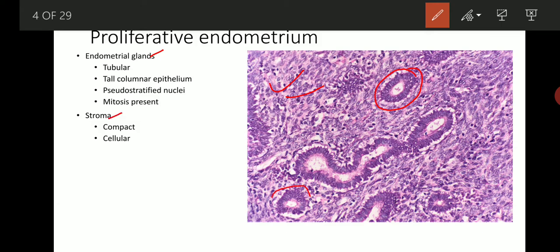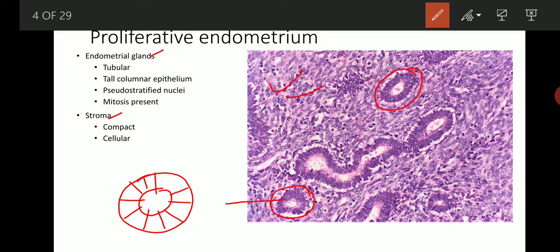The glands are cut transversely and you see the circular appearance. These are the tubular glands which have been cut transversely. The shape of this gland is round. They have a lumen at the center and the cells are lined by tall columnar type of epithelium.